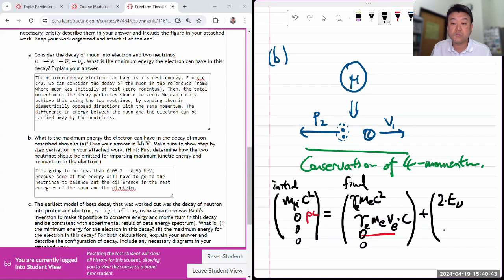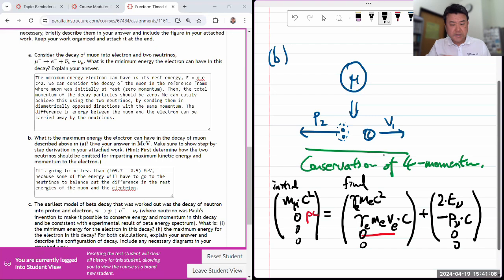On the momentum component, I want to maximize, so I should write minus the momentum of the neutrino times c, and then 0, 0.